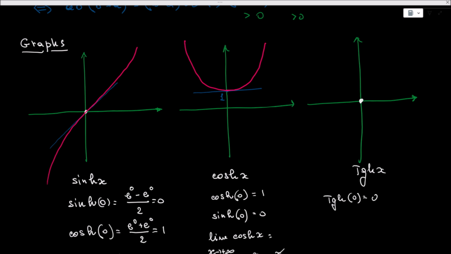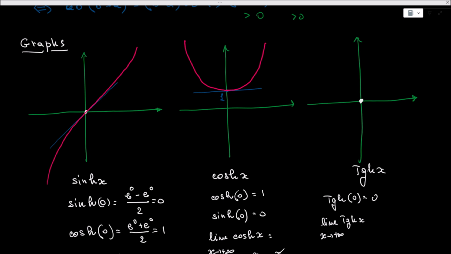And also, let's take the limit of the hyperbolic tangent of x as x goes to plus infinity. Remember that we proved that the hyperbolic tangent is an odd function, so we can limit ourselves to x larger than or equal to 0, and then we'll basically revert the function with respect to the origin.